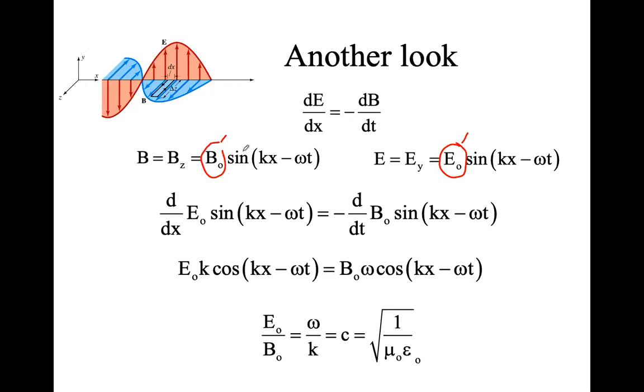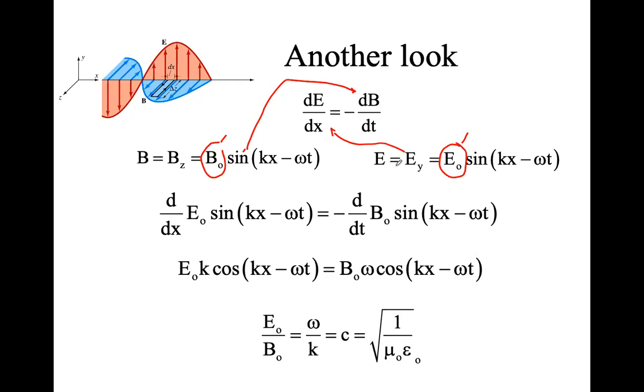Then I should be able to take this one, put it in there after taking a time derivative, and put that one right there after taking a derivative with respect to x, and see what I got. That's what I'm doing on this line right here. I reversed the order, and I'm kind of clueless why I put one on one side of the slide and one on the other.